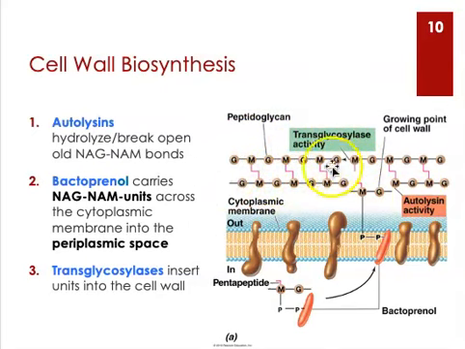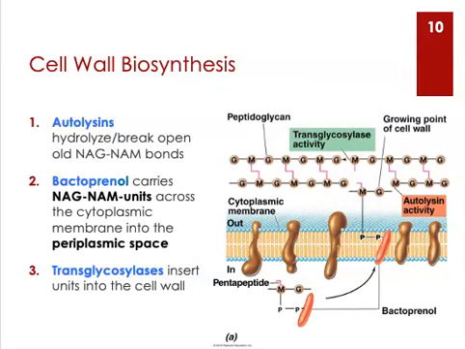Off of each chain, off of the NAMs, there are these little short branches of amino acids. Those are shown in red. And then the two branches are joined with what's called a peptide bond. So now we have these cross links between the long chains of NAG and NAM, and that's really what gives peptidoglycan its strength.